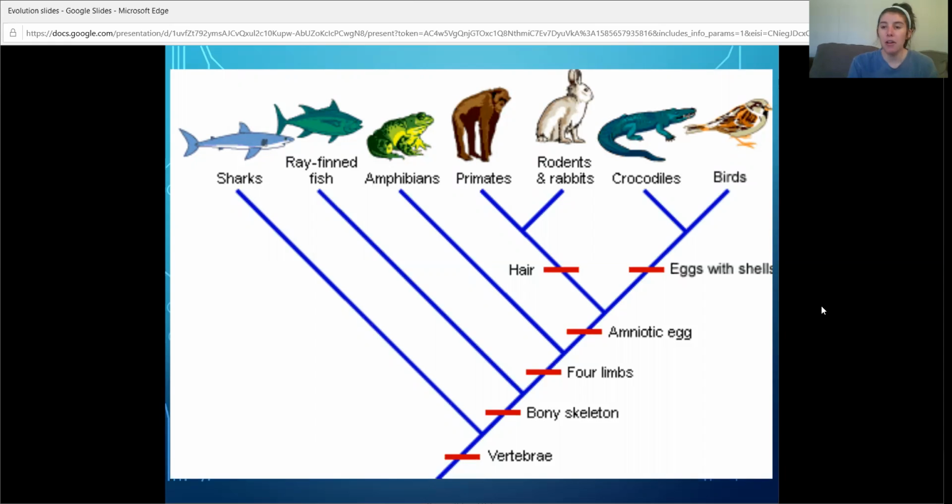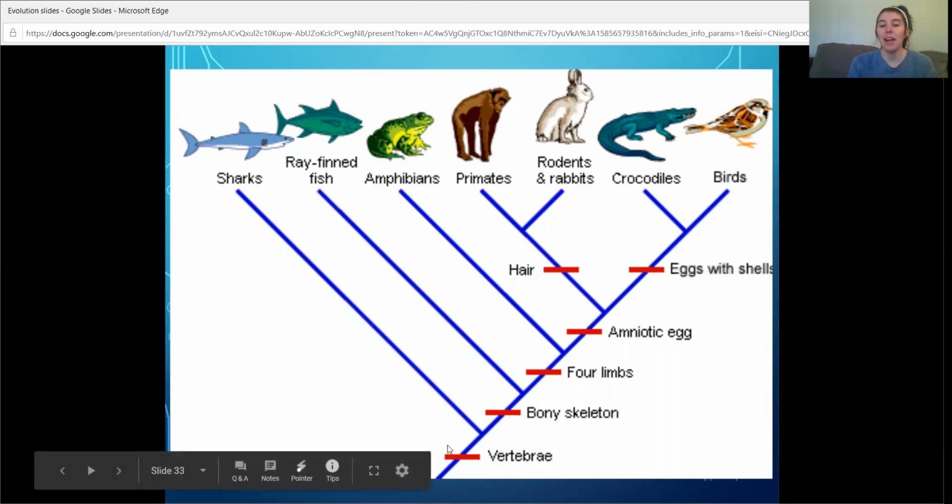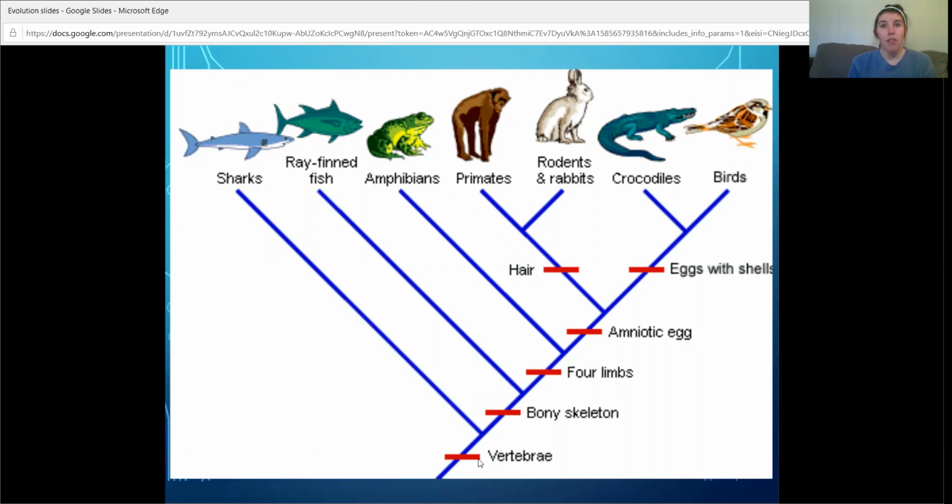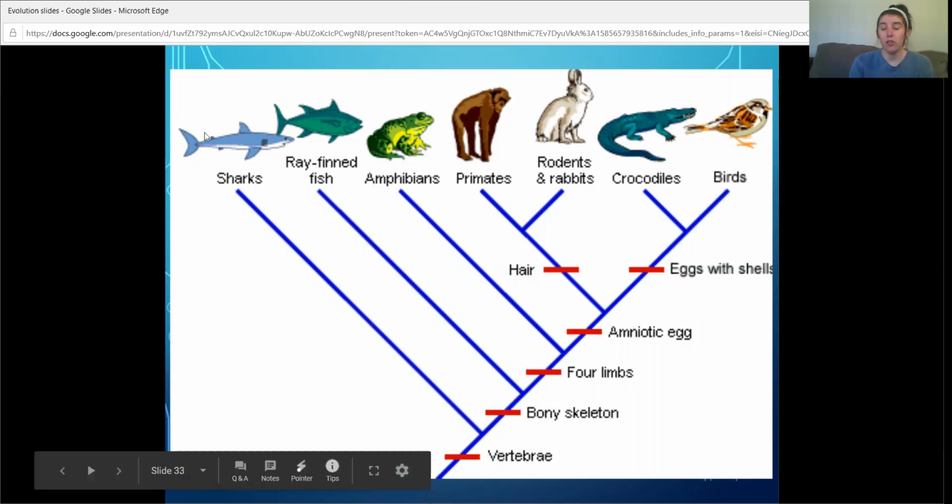So down here at the bottom, our common ancestor is a vertebrae. Think of a vertebrae, think spine. We have those vertebrae in our back, right? So all of these organisms here have vertebrae, so they are vertebrates. Then this first branch here is our shark.